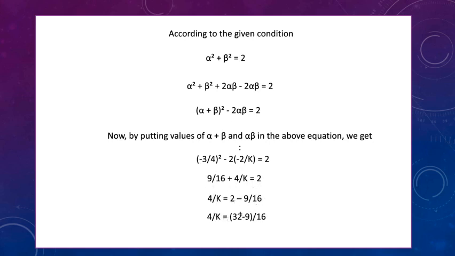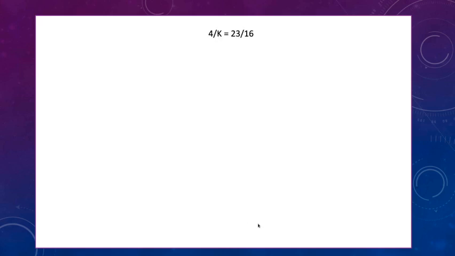We take the LCM of 2 over 1 and 9 over 16, which is 16. So 4 over k is equal to 23 over 16. By cross multiplication, 23k is equal to 64 and k is equal to 64 over 23.